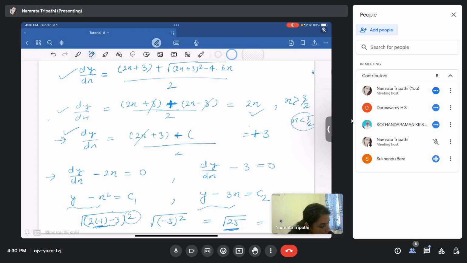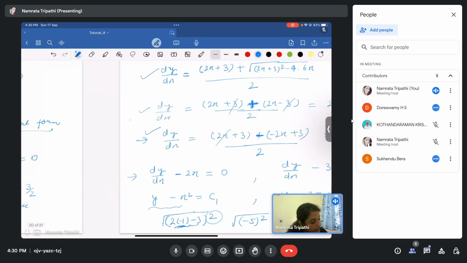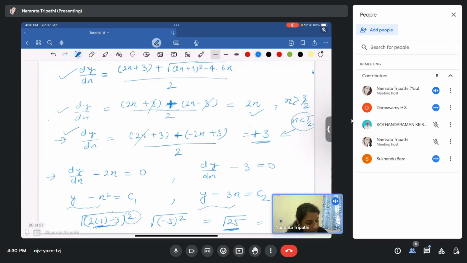For x greater than 3 by 2, it should be 2x. Yes. For x less than 3 by 2, it should be minus 2x plus 3. Yes. This is the same thing. Fine. Then you will get 3. For this case, if you take another characteristic equation, then you will get the similar two cases.